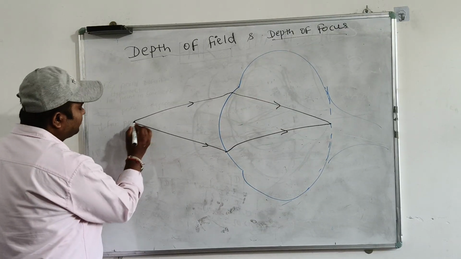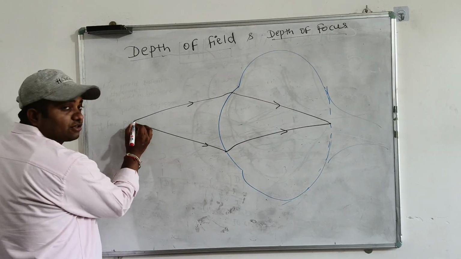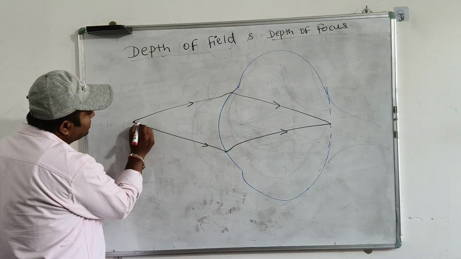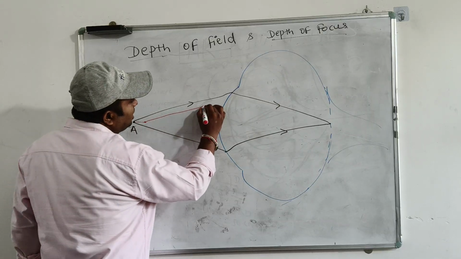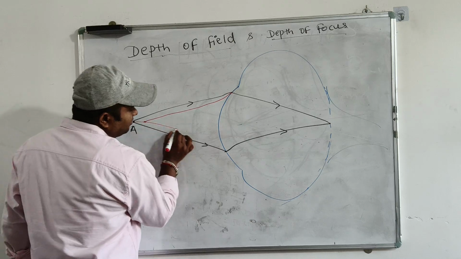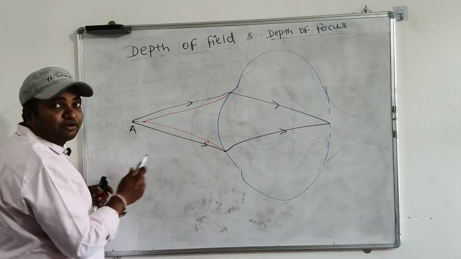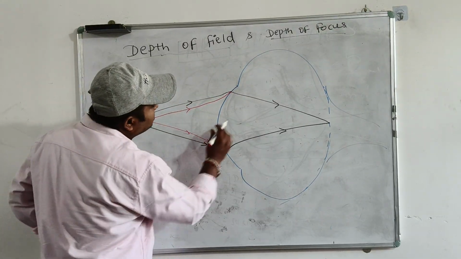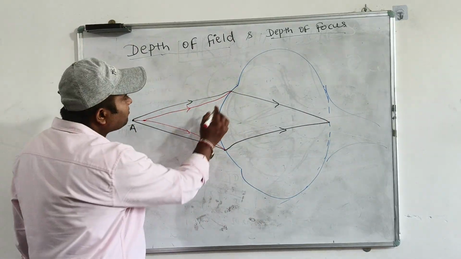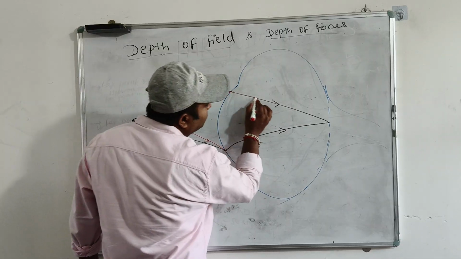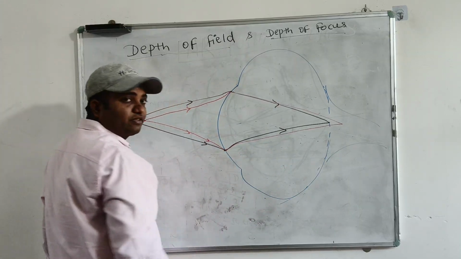For example, if I move this object slightly closer, to this distance, there will be more divergent light rays. More divergent light rays means the light will focus slightly behind the retina, right?